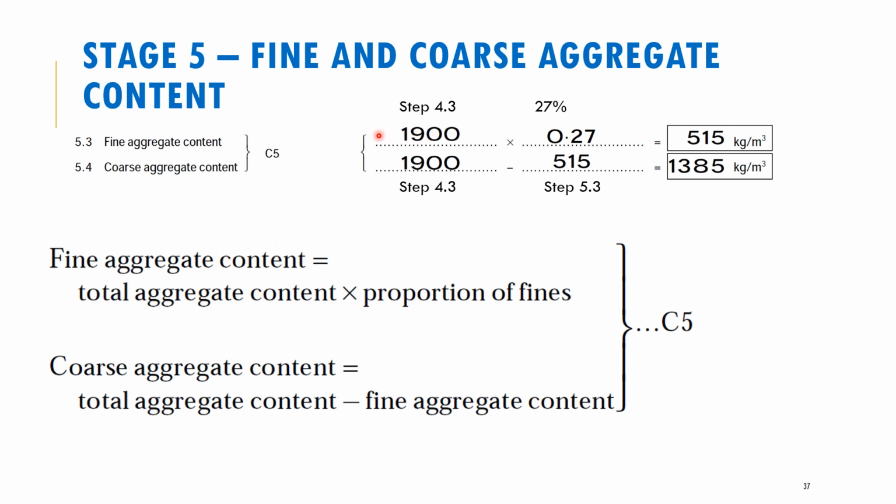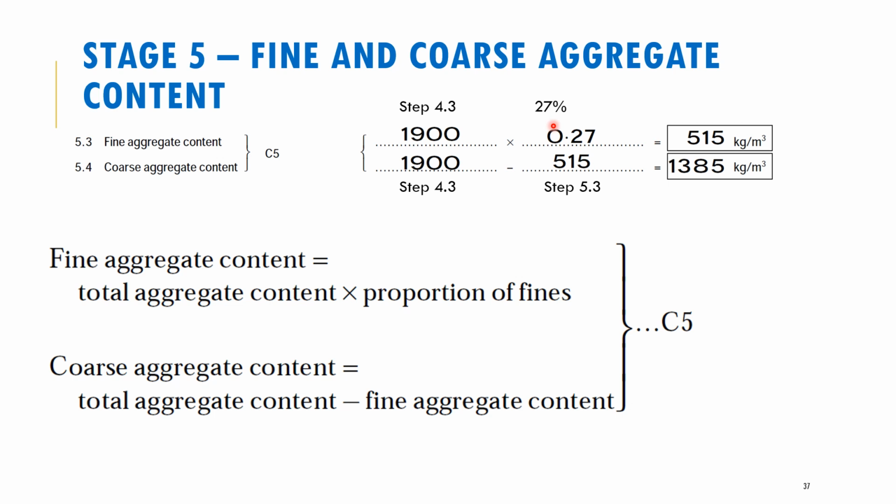So let's do it. For 5.3, my fine aggregates, step 4.3, 1,900, that was my total aggregate content, multiplied by 0.27. The 0.27 is what I obtained from step 5.2. In step 5.2, it was 27%. That was specified.